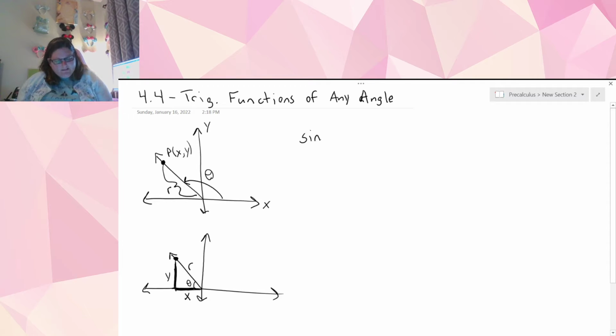So sine of theta in this case is going to be opposite over hypotenuse, which is y over r. Cosine of theta is going to be x over r, so adjacent over hypotenuse. And tangent of theta is going to be opposite over adjacent, which is y over x.